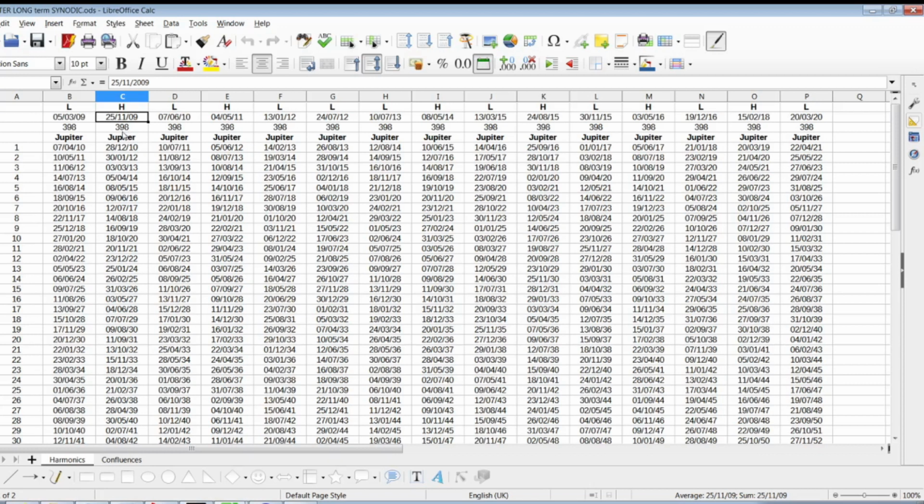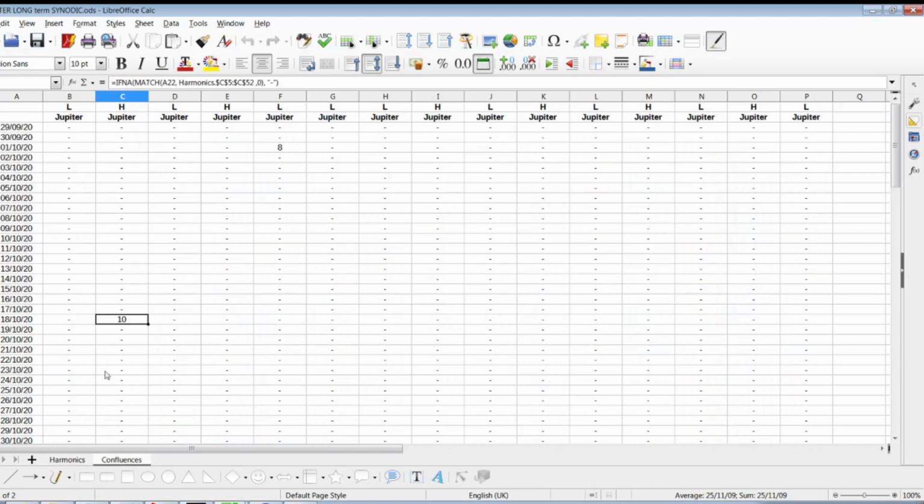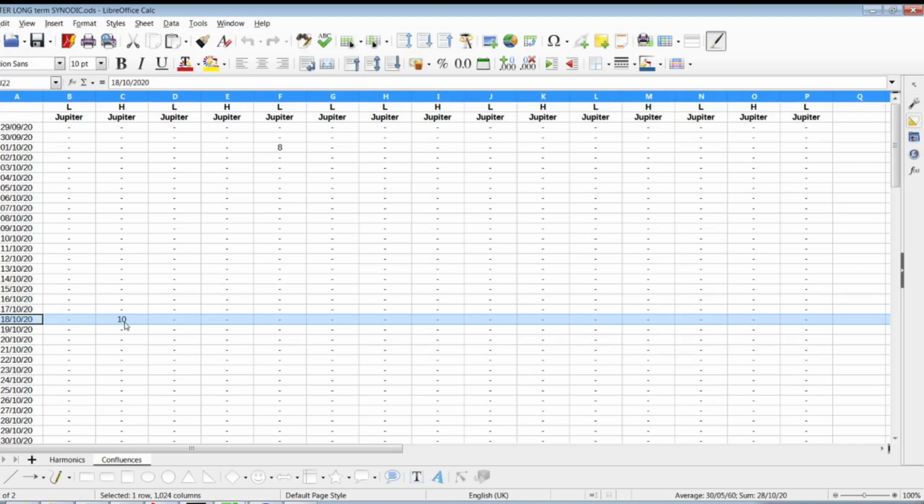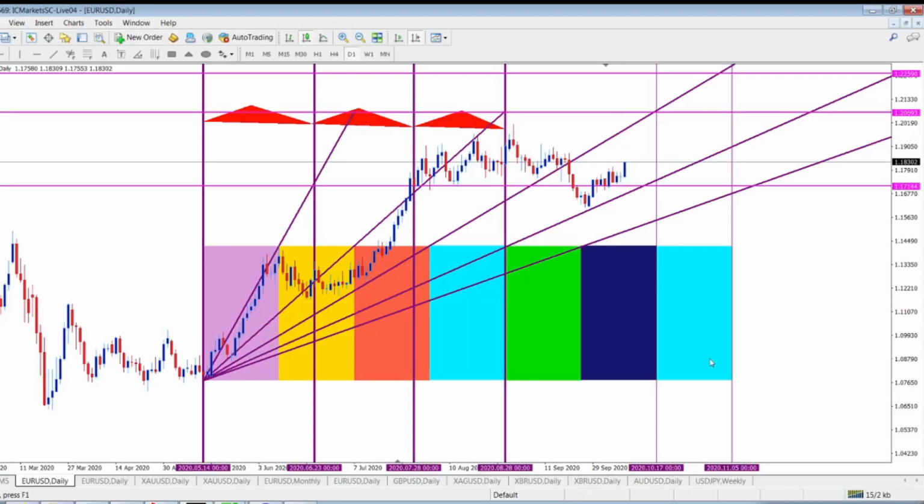So it's 3,980 days from this date, and this is a harmonic value. So I consider that between 17th and 18th of October this might occur. I've got 18th of October, the other one is 17th. I consider it a confluence point.